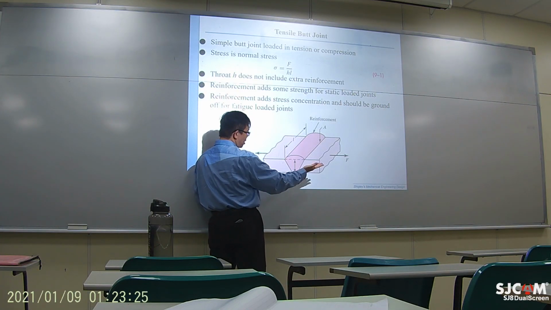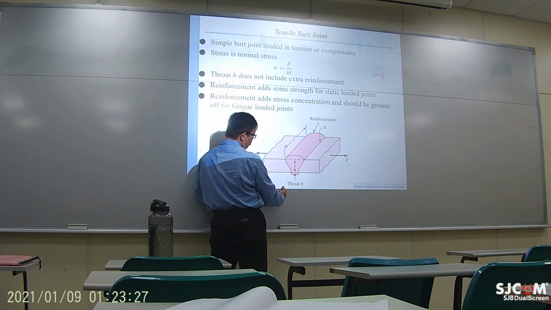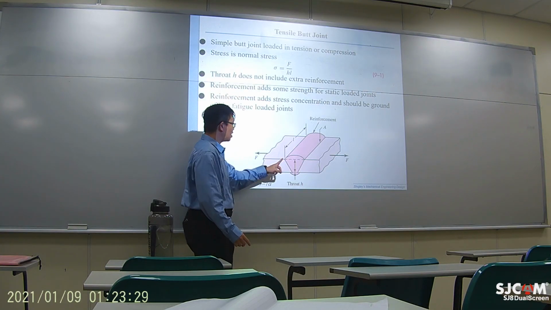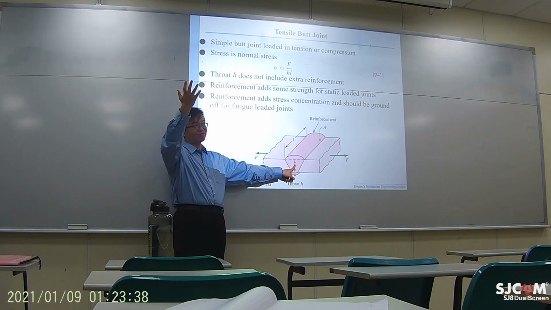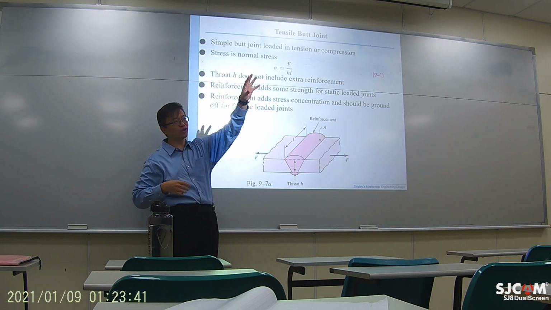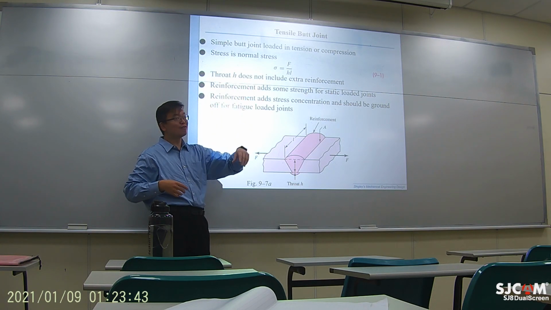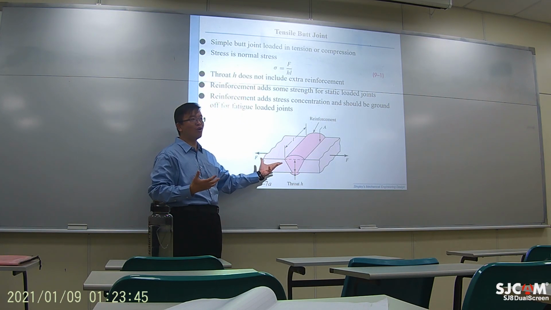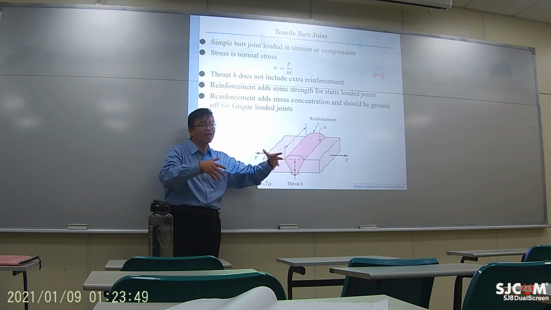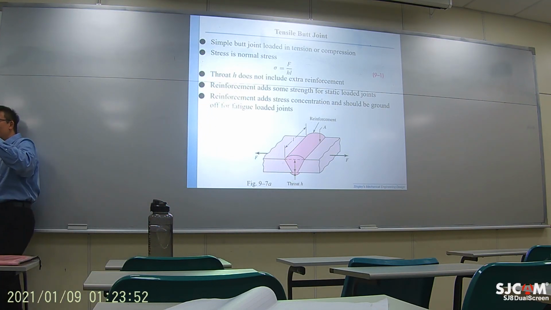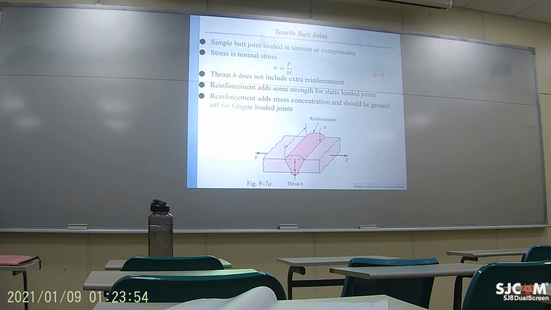On the other side, if you use the throat to compute the area, it will be the smallest. Smaller area means greater stress because stress equals force over area. So we only care about the worst loading condition. That's why we only focus on the narrowest area inside the welding material.